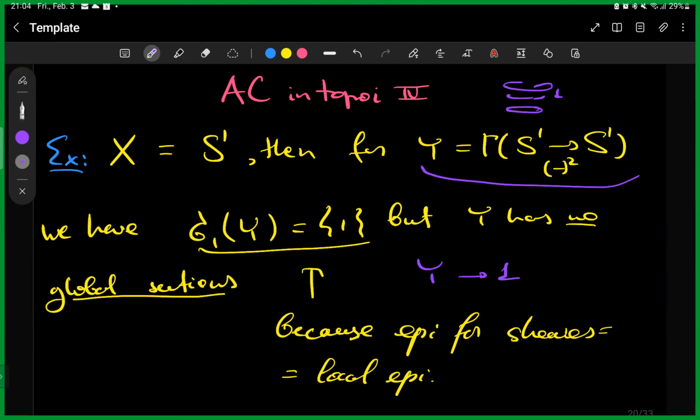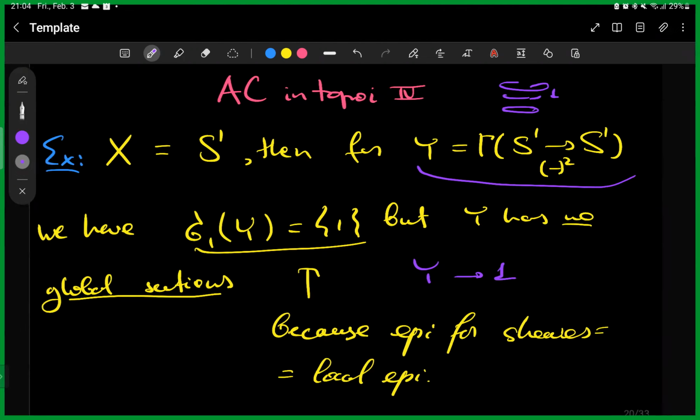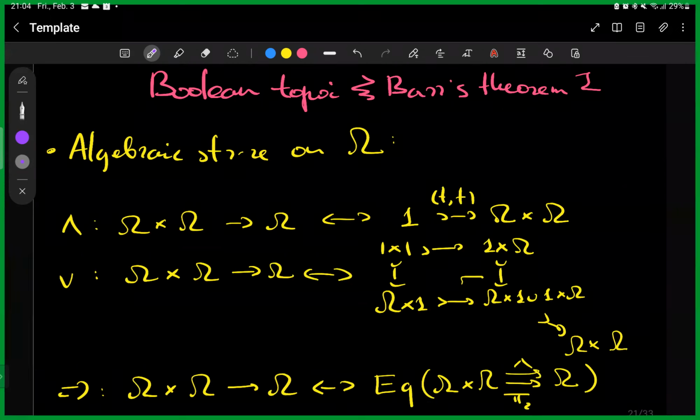So, just an example. But actually, we can characterize the topoi which satisfy the axiom of choice, and in a sense, they're not very interesting. So first of all, let's consider an algebraic structure on the subobject classifier omega.